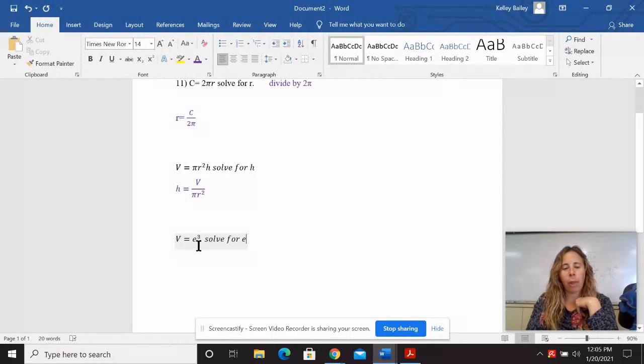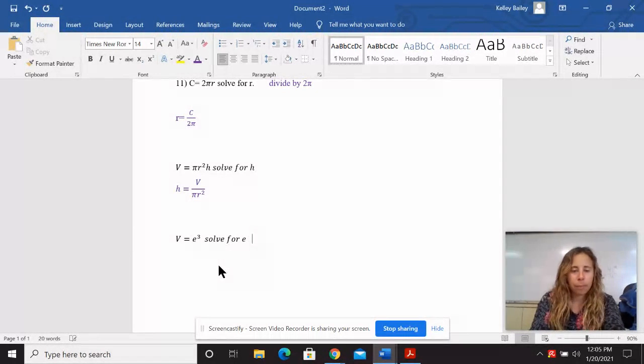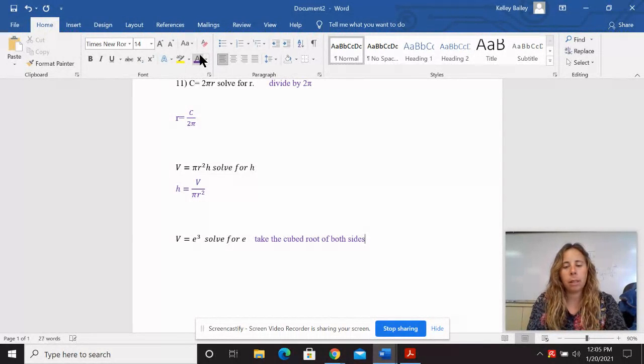What makes it cancel out? Okay, if it was e squared, to cancel that out, you would take the square root of both sides. So to cancel out e cubed, you're going to take the cube root of both sides.